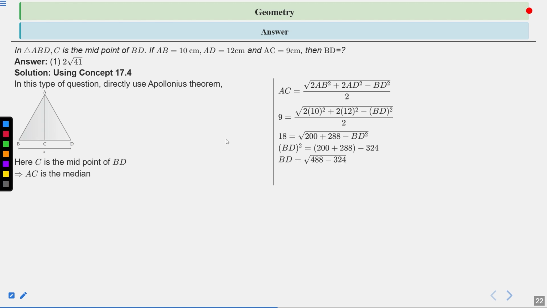So BD equals under root 488 minus 324. When we simplify it, we get the length of BD, which is under root 184. Simplifying further, we get 2 root 41. So the first one is the correct answer of this question. Next one.